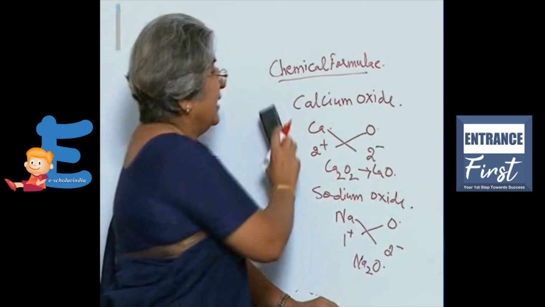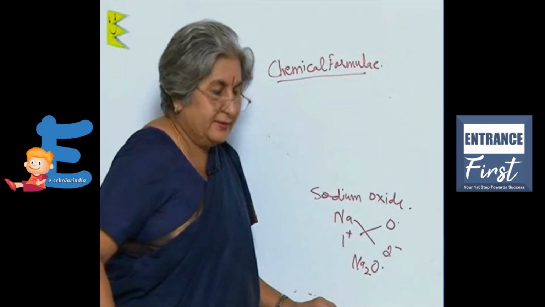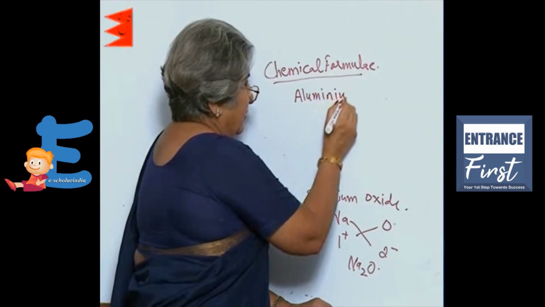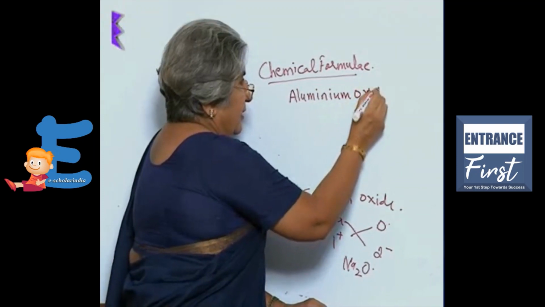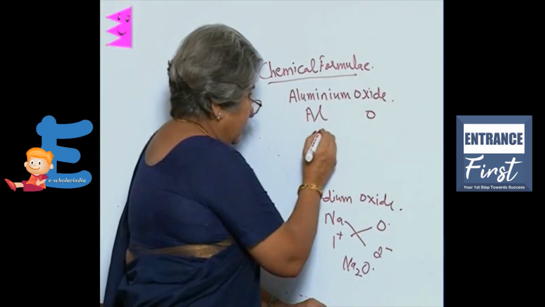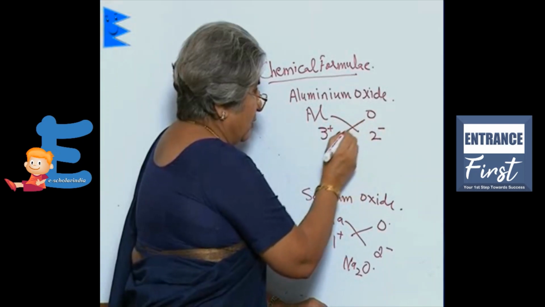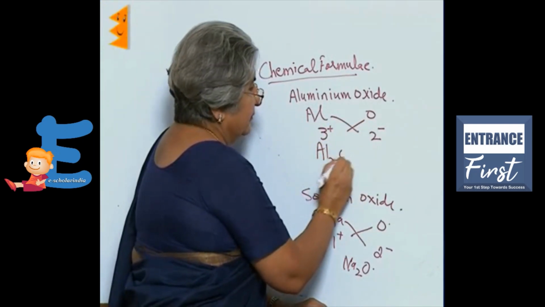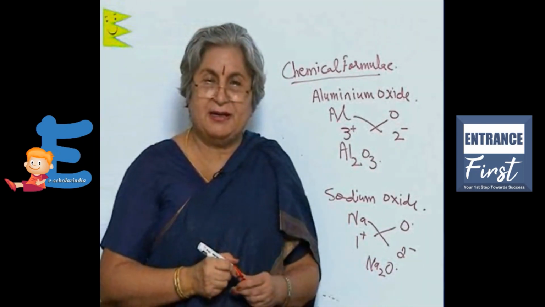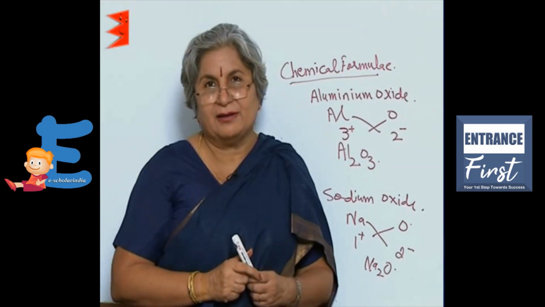Or in the case of say aluminium oxide, aluminium is Al, O is oxygen, this is 3 positive, this is 2 negative, crisscross, Al2O3. So if you know the symbol and you know the valency, then you can write a chemical formula.